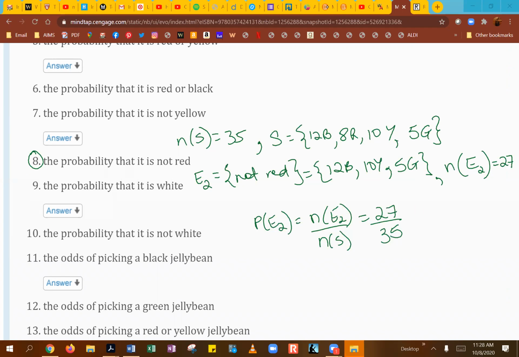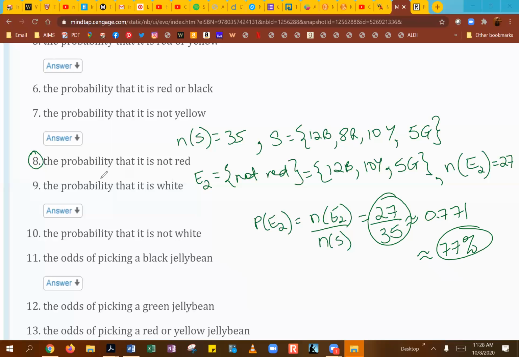So yeah, you should not be able to reduce it. And then as a percentage, I think I had seen 77%, I believe. Yeah. Because your answer comes out to be 0.771. So again, to the nearest percent, that would be 77%.